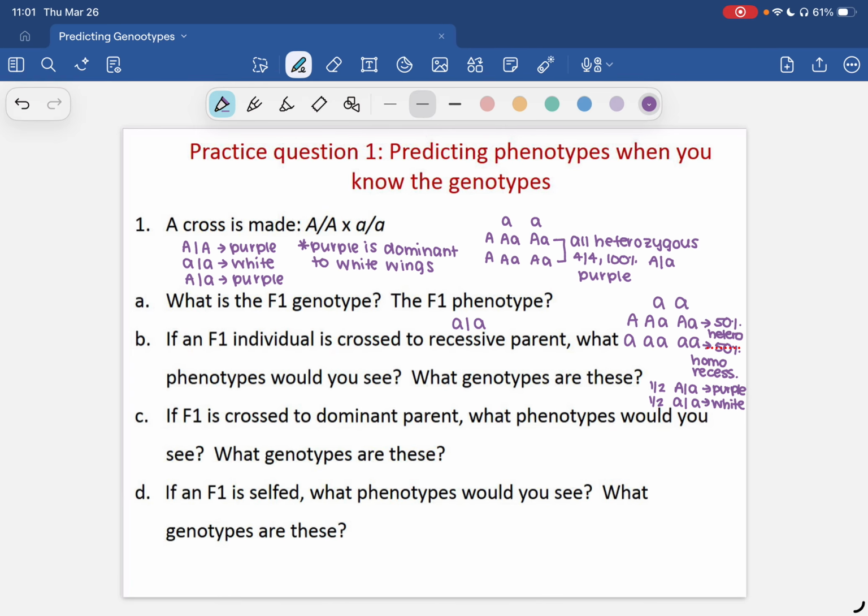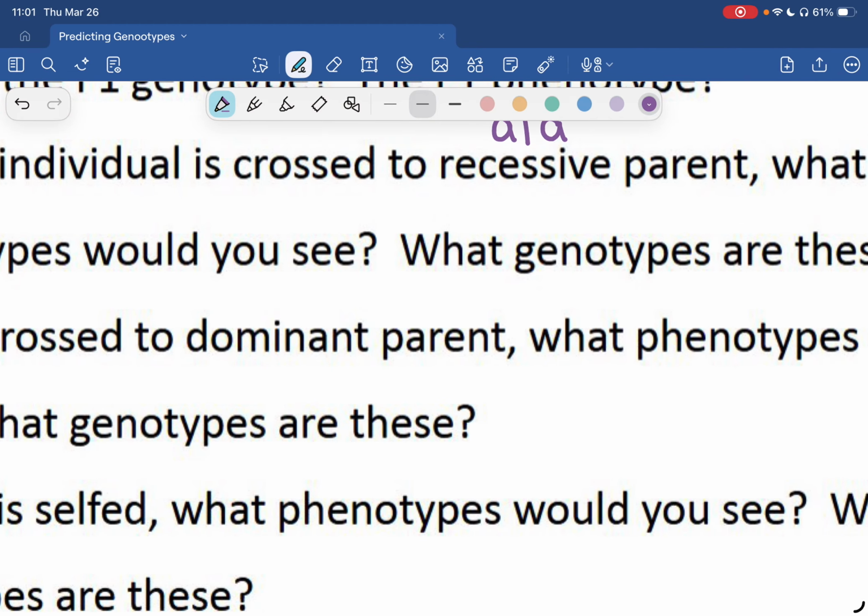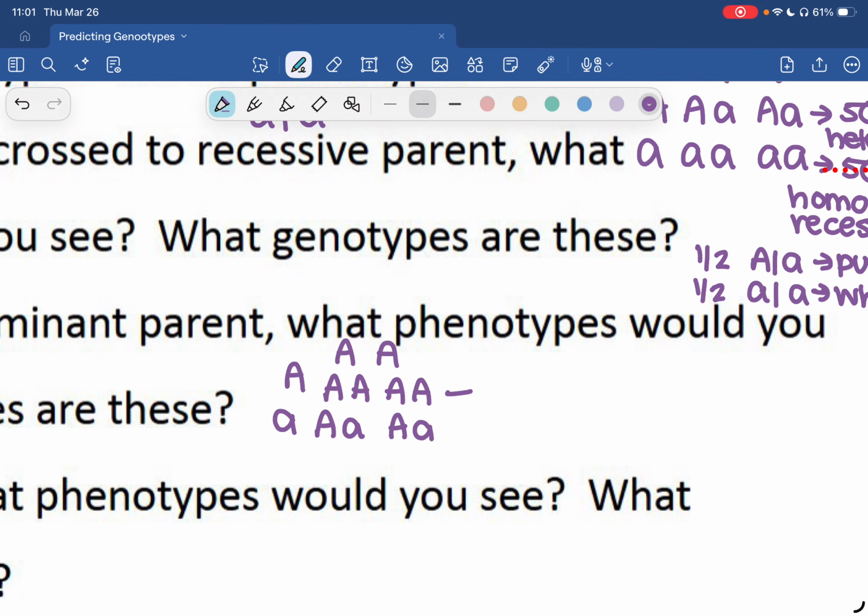Okay, then C, if F1 is crossed with a dominant parent, what phenotypes and genotypes would you see? So again, F1, and then a dominant parent would be big A, big A. And again, you have a 50-50 split. So this top would be homozygous dominant, and then on the bottom, you have heterozygous.